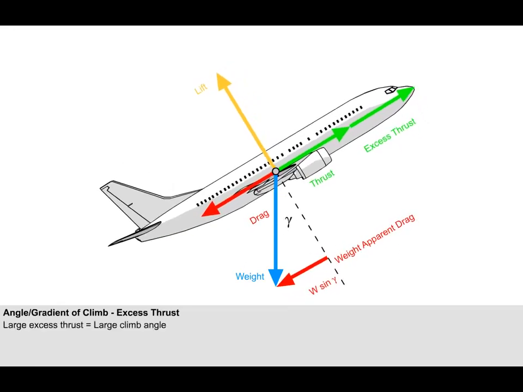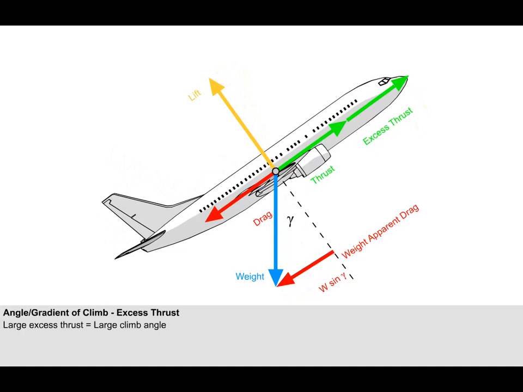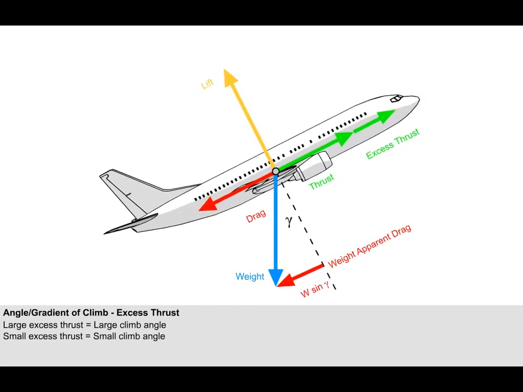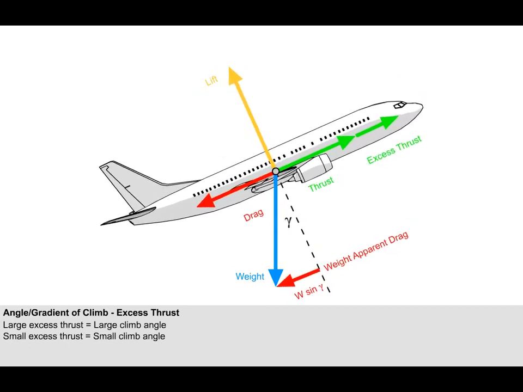In other words, the more excess thrust available, the steeper the angle at which the aeroplane is able to climb. If the aircraft only has a small amount of excess thrust available, then notice now that there is too much weight apparent drag and that the angle will need to be reduced so that the excess thrust available balances the weight apparent drag.